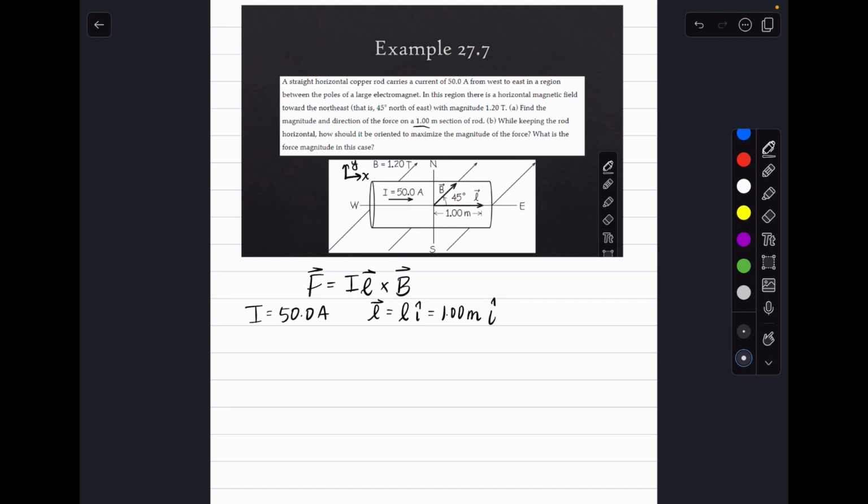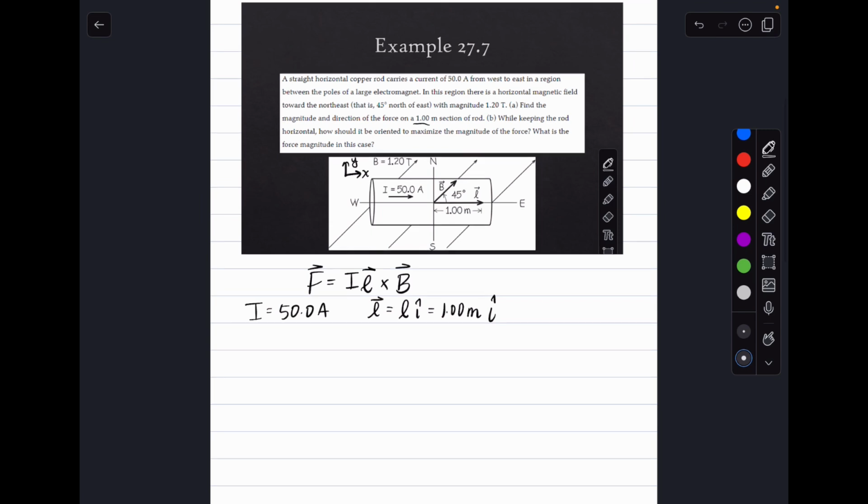We're told that the magnetic field is in the direction of the northeast, so 45 degrees north of east. So that makes our B field have an X and a Y component. Let's express our B vector in terms of components of X and Y, just as some good practice.